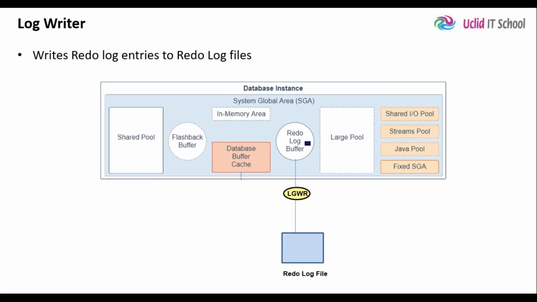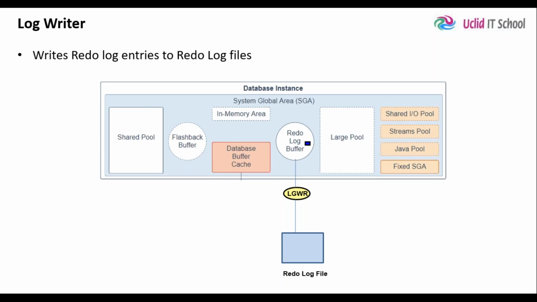The second one is the log writer background process, LGWR. Log writer writes the redo data, or redo log entries, to the redo log file. What is a redo log entry or redo data?